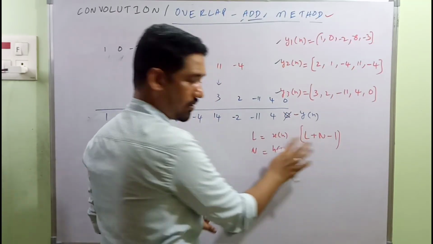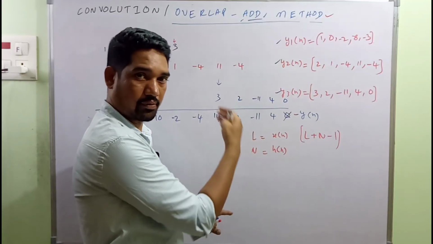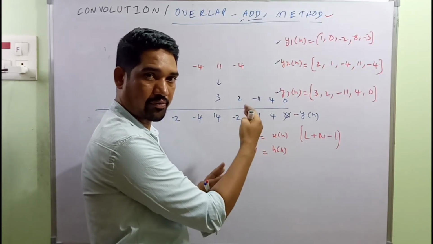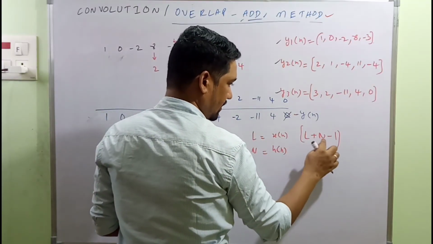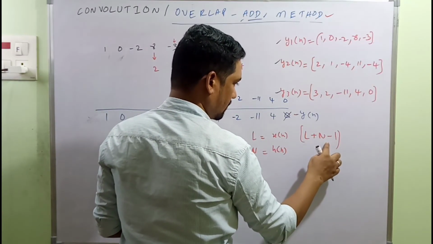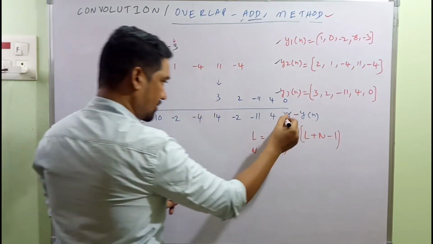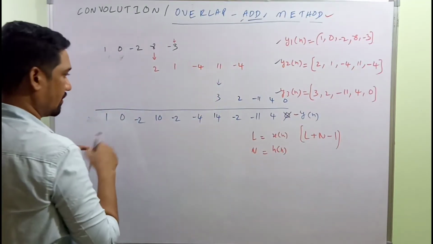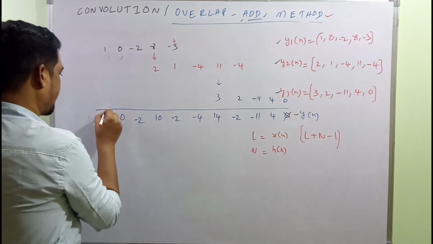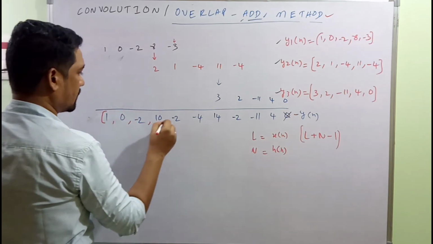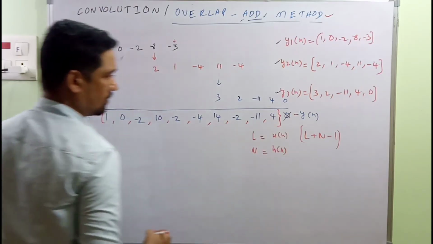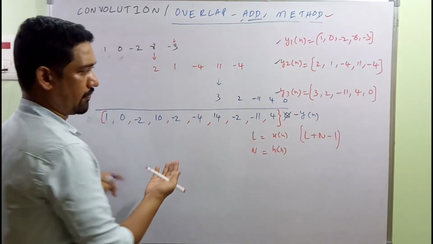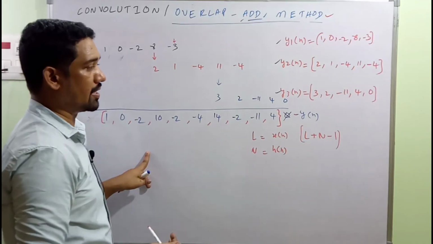Guys, this is the procedure, okay? Whatever the length may be, this is the procedure. L plus N minus 1 should be the length of y of n. In that case, this 0 gets cancelled, and this is my final sequence for y of n, my final convolved y of n, making use of the overlap add method.